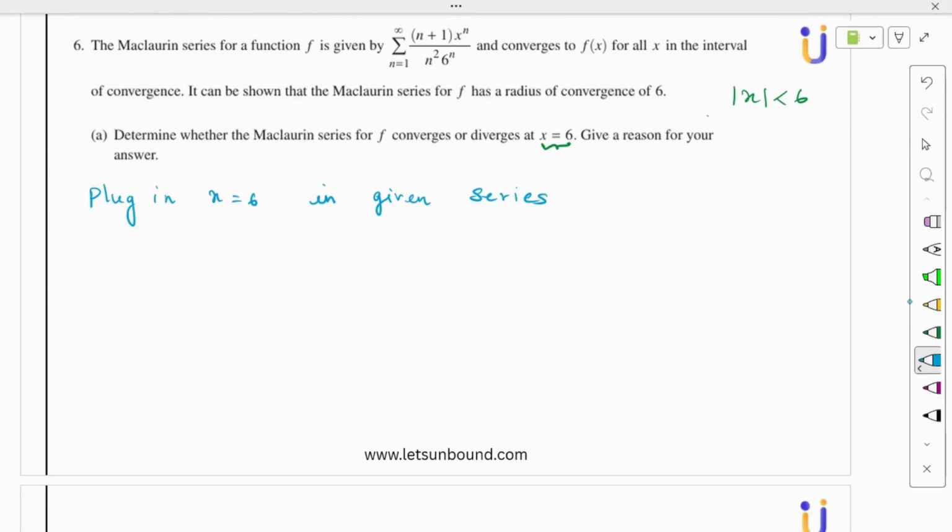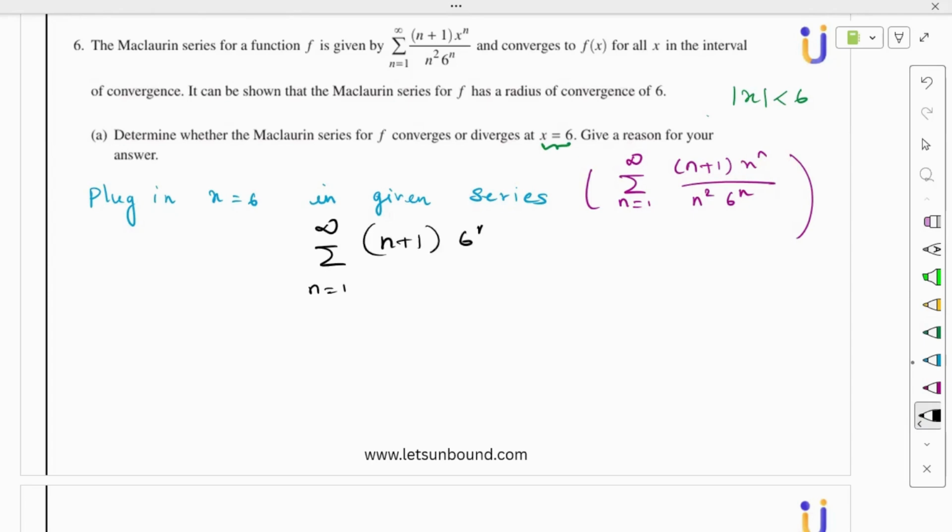The given series is sigma n is 1 to infinity (n plus 1) x^n over n^2 6^n. We can start plugging in 6 in place of x, so (n plus 1) 6^n over n^2 times 6^n, and simplify this. The 6^n will get cancelled out.